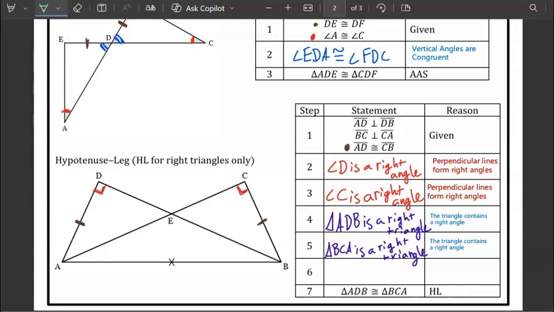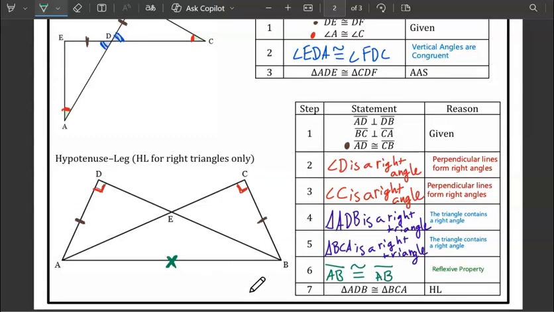And then we could now say that line segment AB is equal to itself. So AB is congruent to AB, and you can say that's using the reflexive property. Therefore, we can write the conclusion that triangle ADB is congruent to triangle BCA from the hypotenuse leg property.